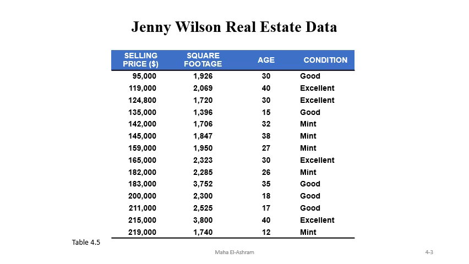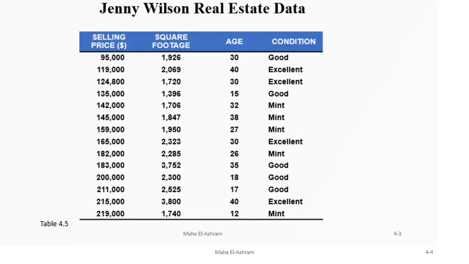So in my equation, I will have the first variable, x1, to represent the size, and the second one, age, represented by x2. Now, since condition has 3 categories, we will only be defining 2 new variables, which will be denoted by x3 and x4, and both will be dummy or binary variables.